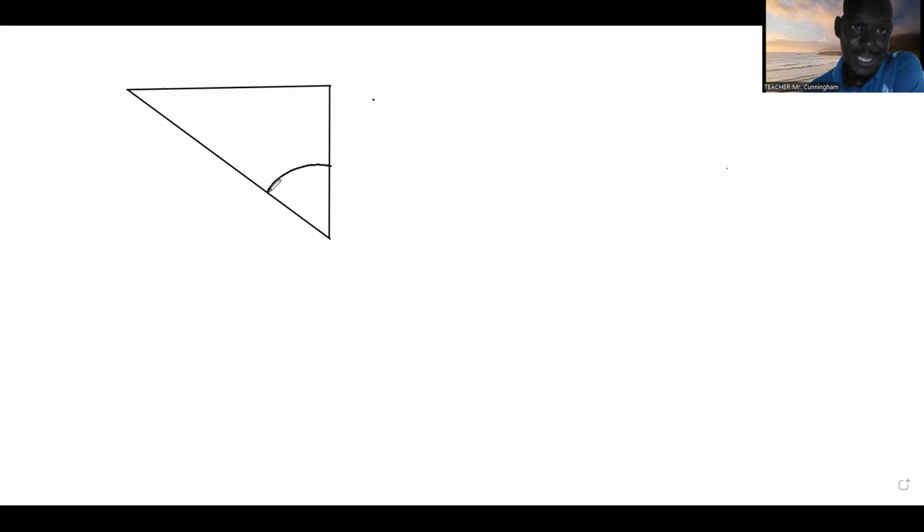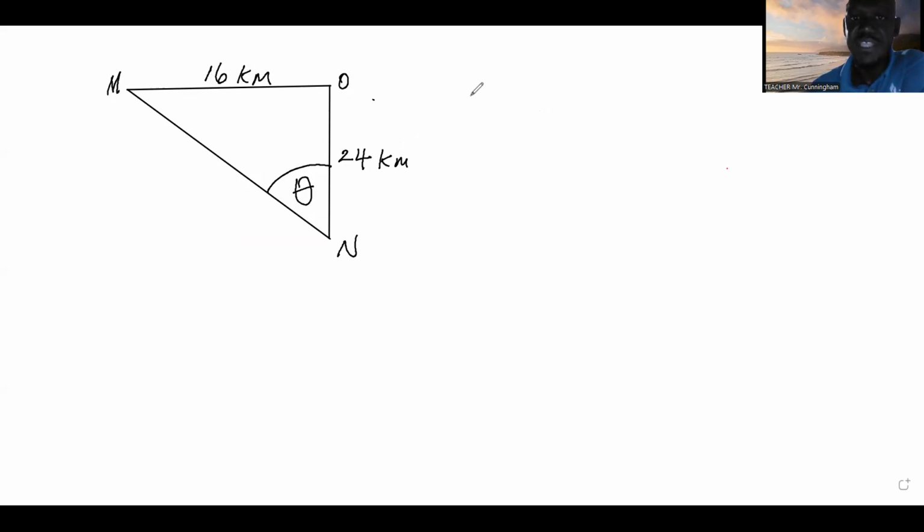All right, so the angle that we are finding is here. This was 24 kilometers. Let's call this M, N and O. And this is 16.